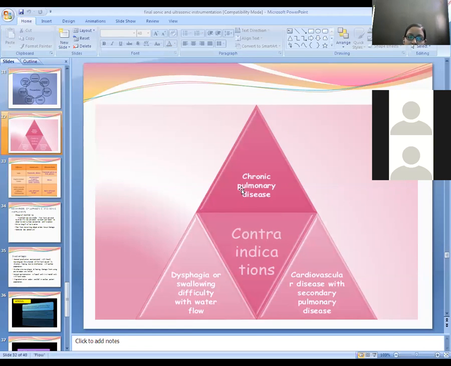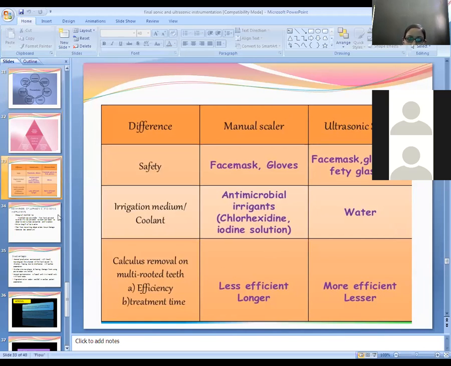What are the contraindications? You can't do it in patients who have chronic pulmonary disease, cardiovascular disease with secondary pulmonary complications, or difficulty swallowing water. What is the safety while doing the ultrasonic scaling? You have to use a face mask, gloves, safety glasses. The irrigation medium or the coolant used while doing ultrasonic scaling is water.